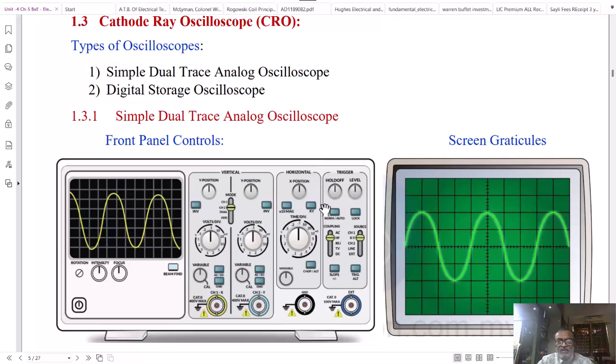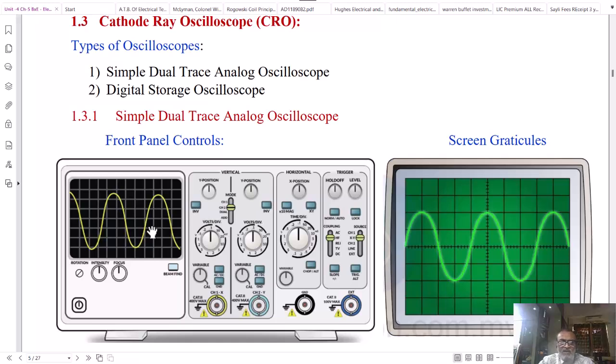Here, if you see another section which is related to the horizontal axis, that is the time axis. Here you will see an attenuator again, or time per division selector. By changing this time per division selection position, you can expand or compress the waveform on the display.